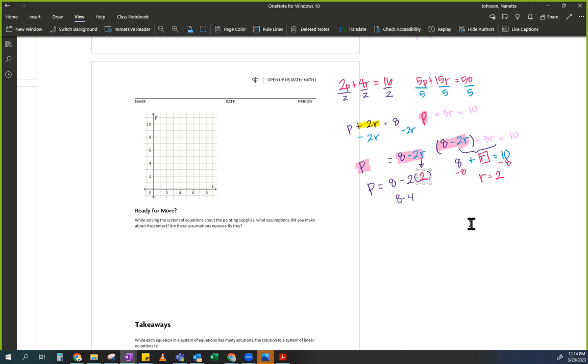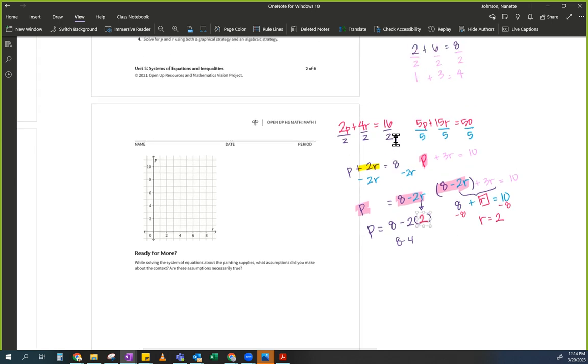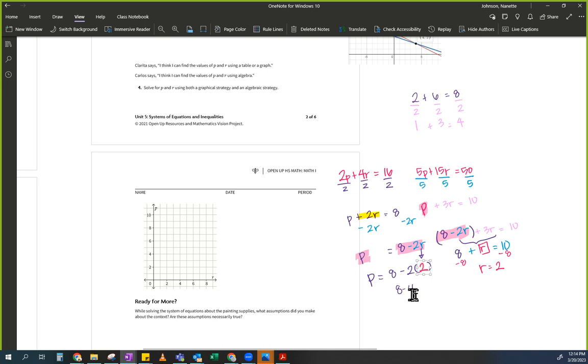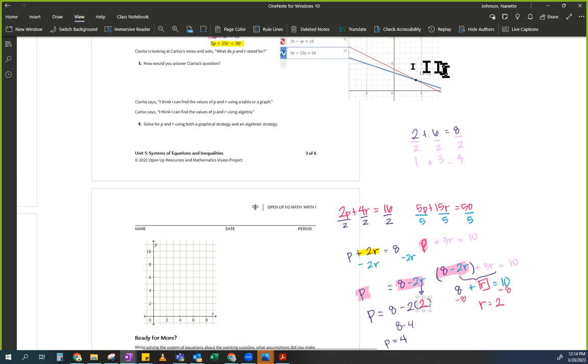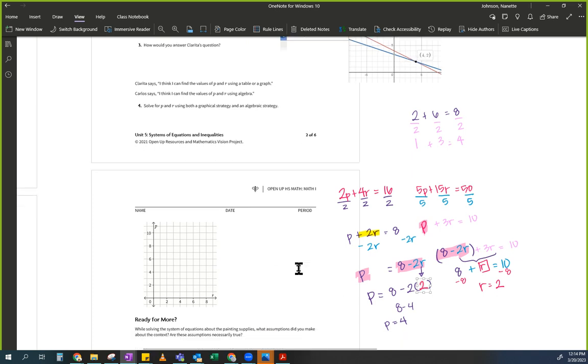Ms. Johnson, you know how you wrote it as a point before, like X comma Y? Should I do that here? No, because it's a context, right? So the answer is 4 comma 2. If you look up here, look at your answer, it's 4 comma 2. And so now you're just going to write this in a sentence.